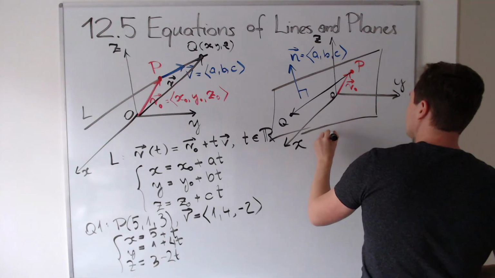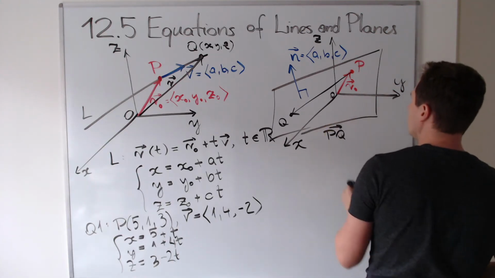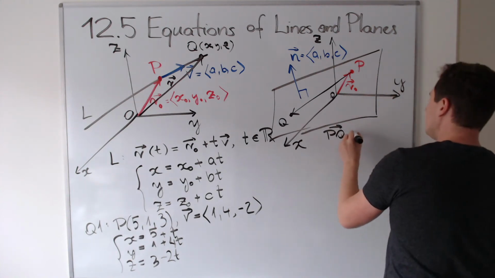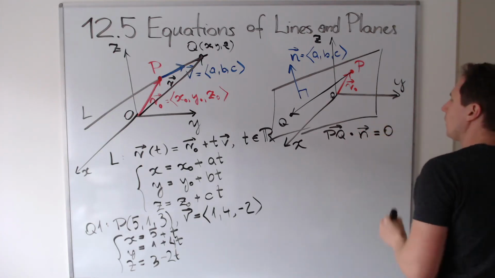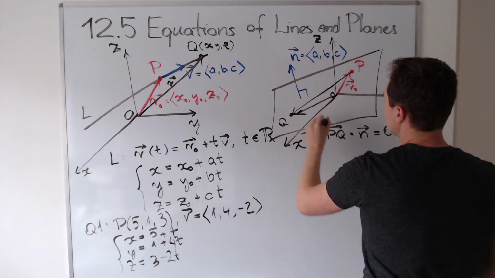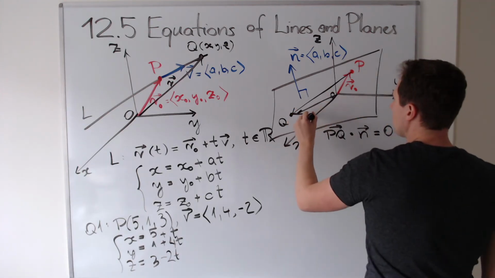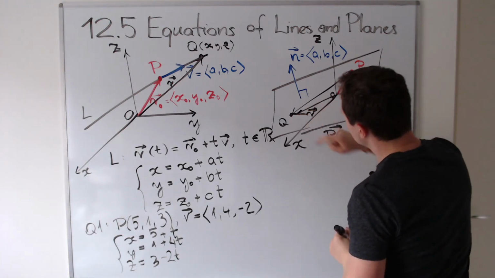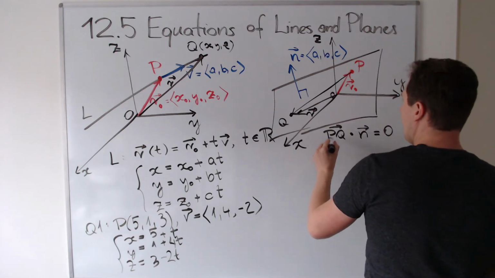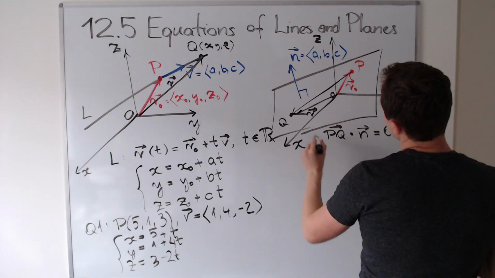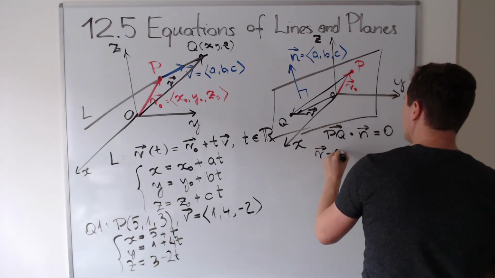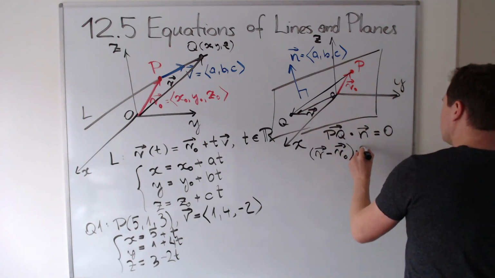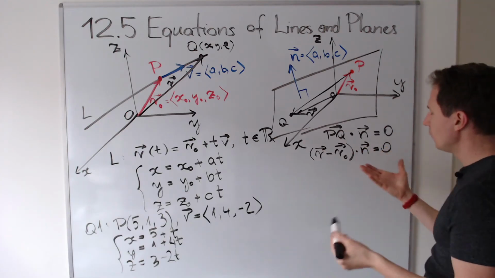So it's true that PQ for any point Q in the plane is going to be perpendicular to N, meaning that their dot product is going to be 0, while PQ can be expressed as the difference of the position vectors R and R naught. So that difference is PQ.